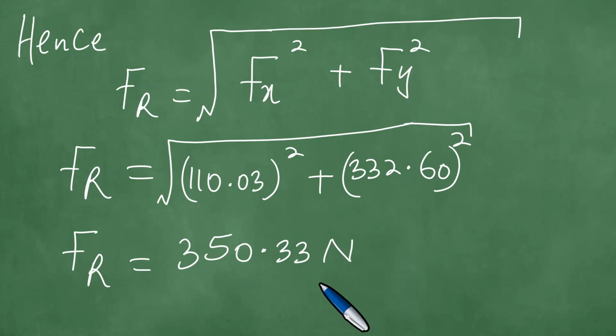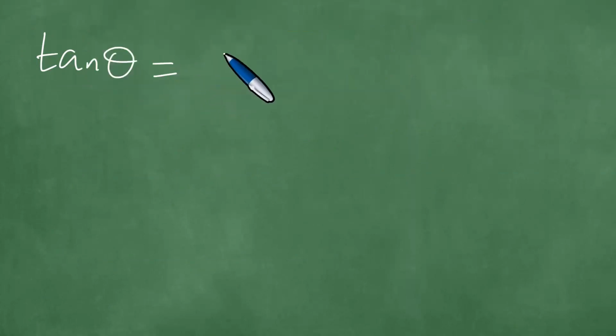Okay, if the resultant force is that, what is the angle required? Then now we note that the angle is found by using the tangent of theta, which is always Fy over Fx, opposite over adjacent.